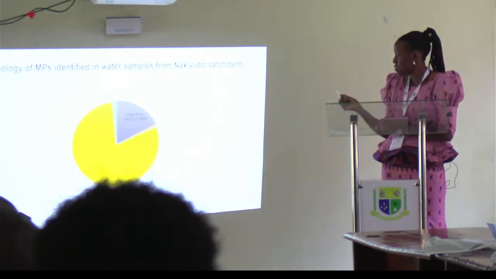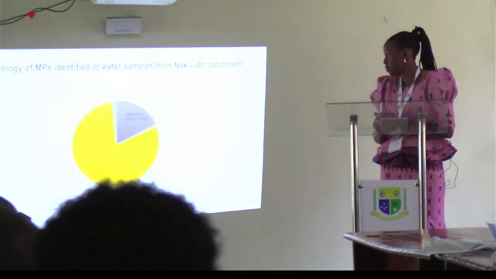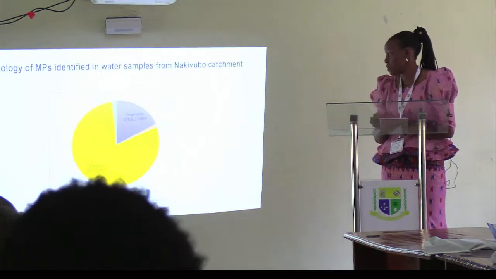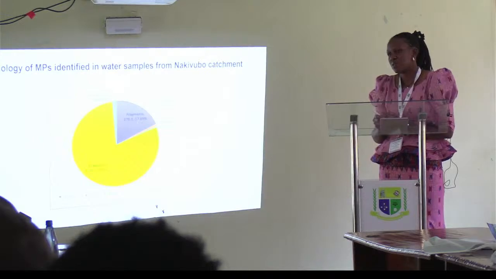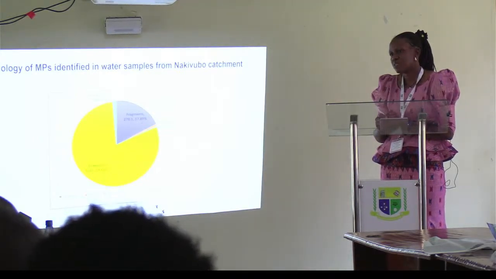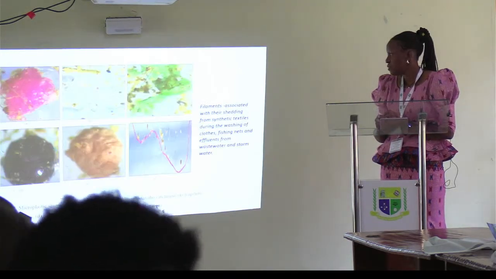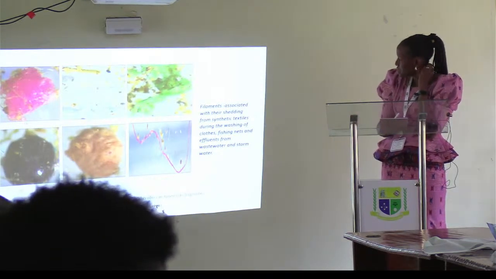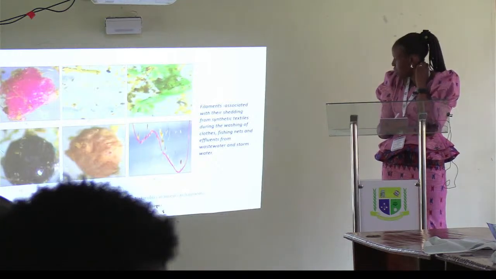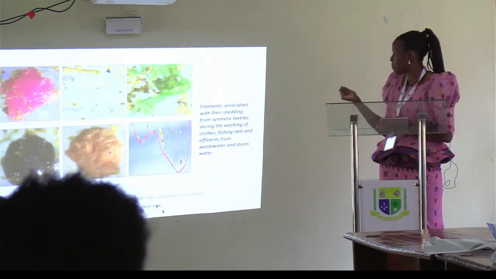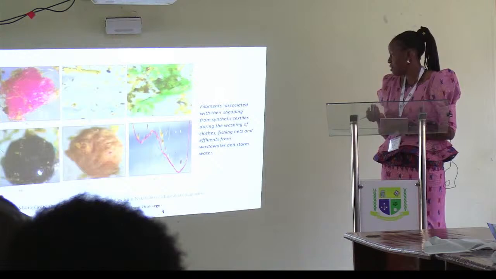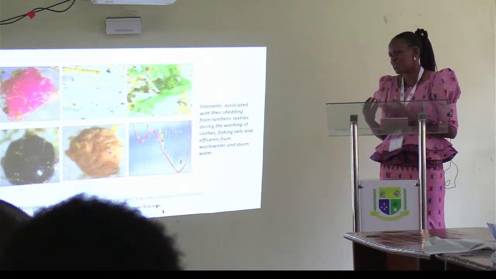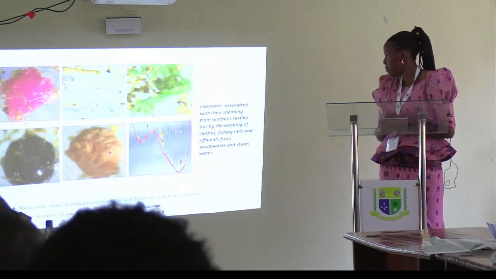So this is just a summary of all the water samples. We can see here that filaments were the most common type of microplastics present within the collected samples. This is just a summary of the different shapes within the samples that we collected, and you can see that most of the filaments are coming either from textiles, when you wash your clothes and some filaments break off.